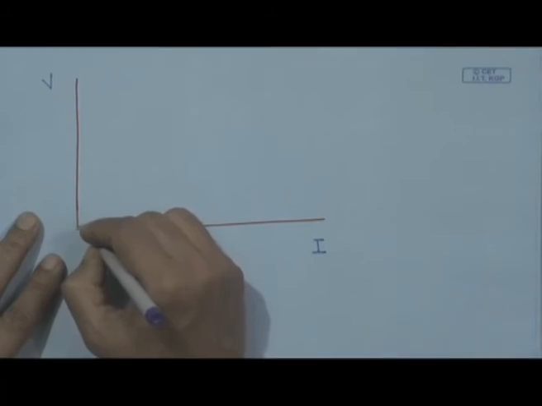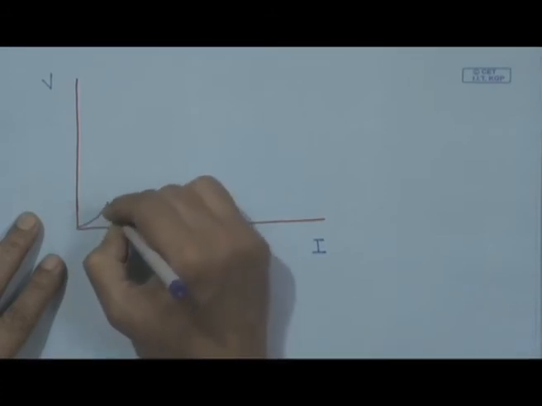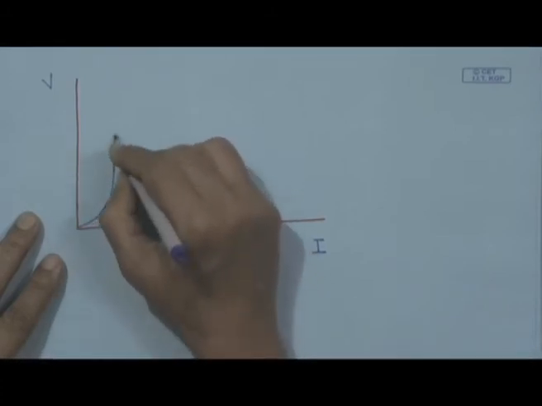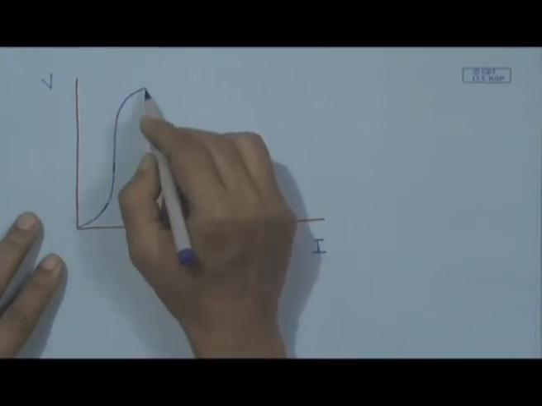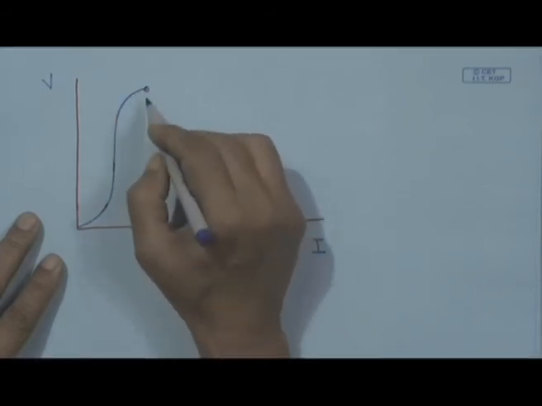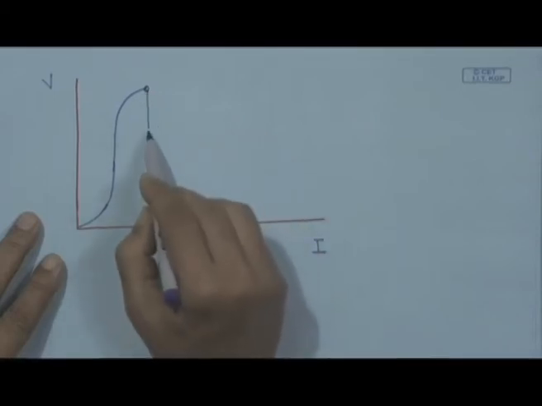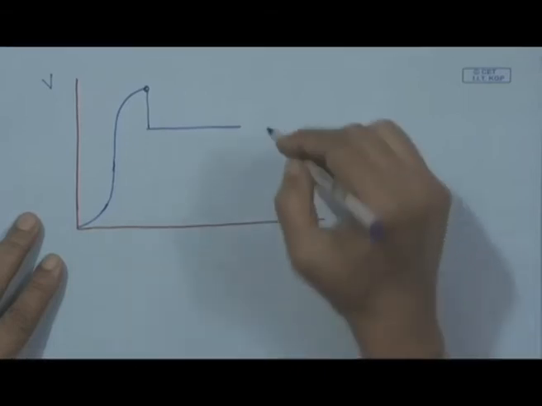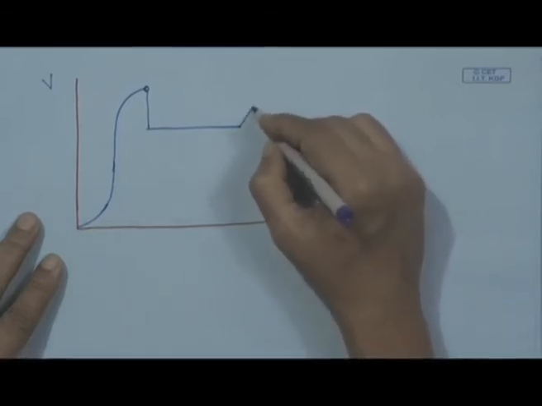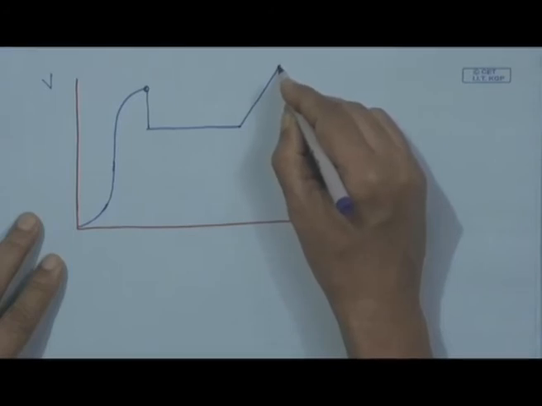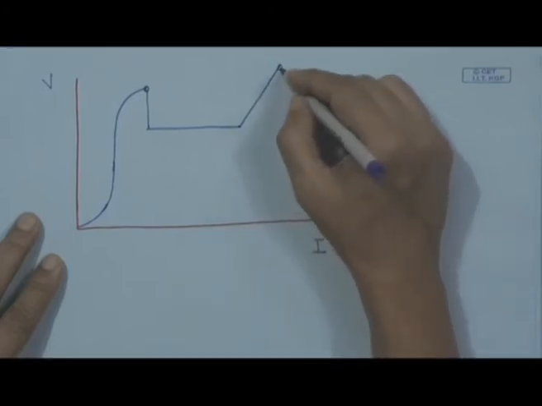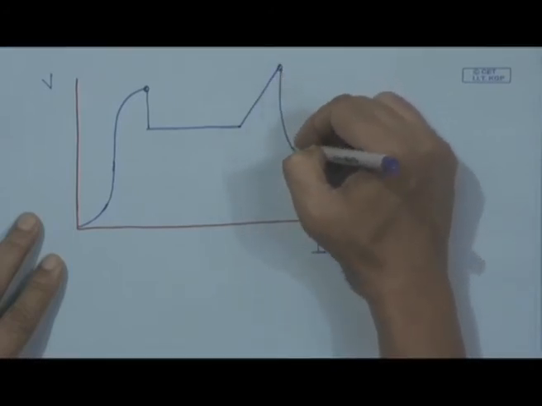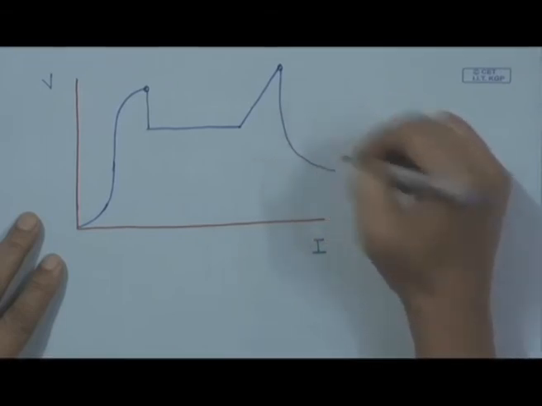It goes like this, and this is the peak point, and then it drops down, then it becomes steady over a wide range, and then again it rises, and finally it has a fall, and then it is also rising.